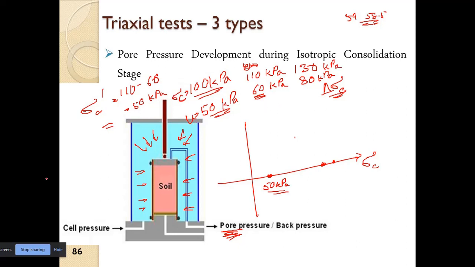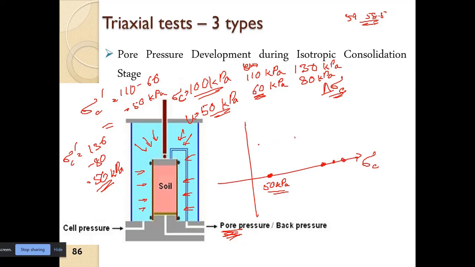So again, sigma c dash is equal to 130 minus 80, equal to 50 kPa. So again it remains the same, but the cell pressure is going on increasing.